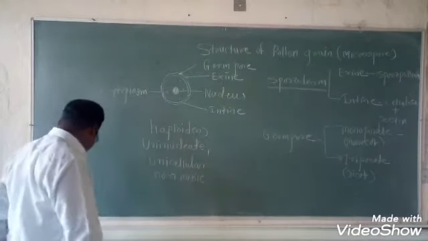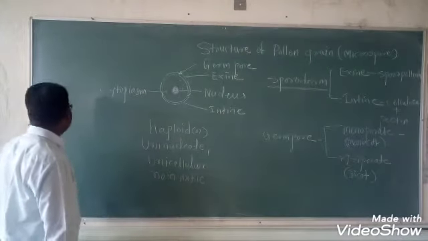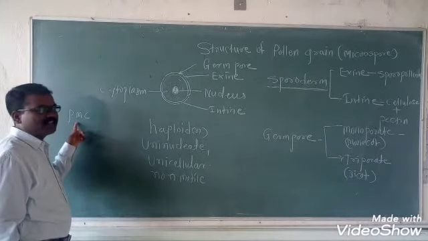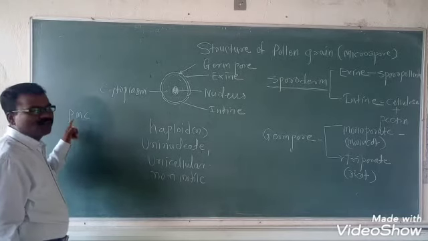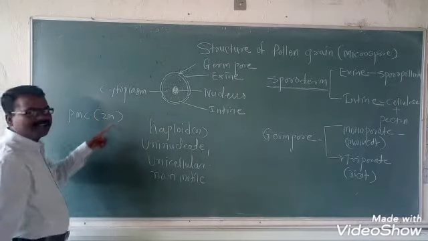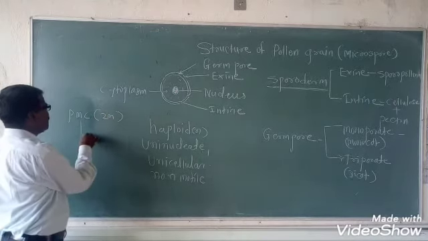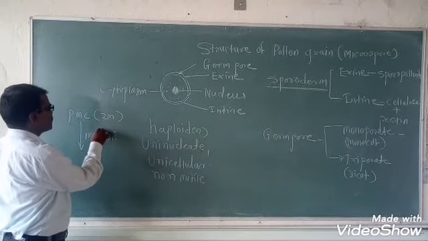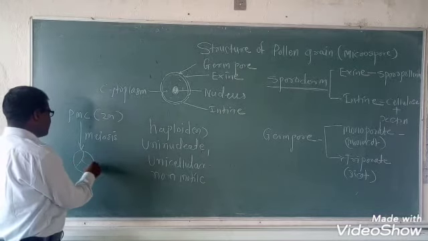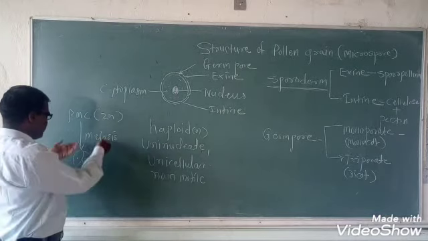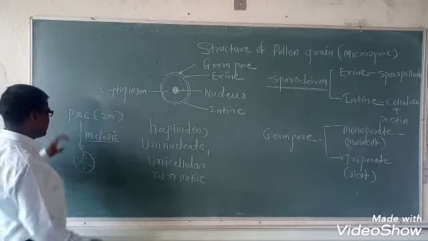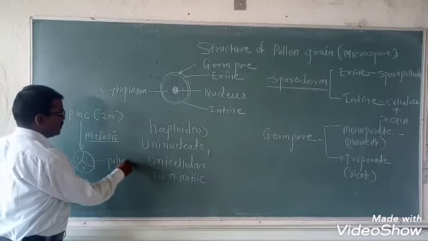It is a haploid structure formed after meiosis of the pollen mother cell. Where is the pollen mother cell located? The pollen mother cell is located in the pollen sac, which is diploid in nature. It undergoes meiosis twice. After the meiosis, four cells are formed, called a pollen tetrad.